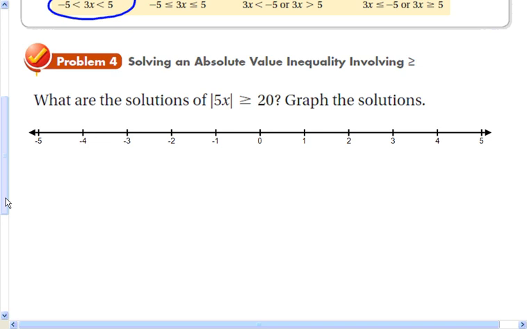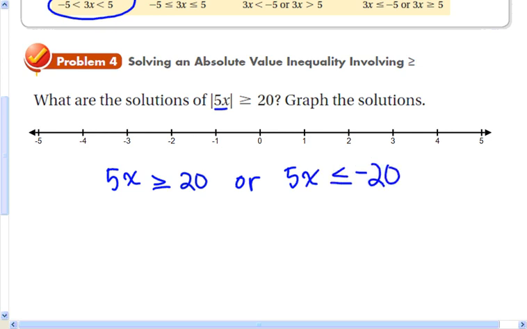What are the solutions of the absolute value of 5x is greater than or equal to 20? So this distance, 5 times x, has to be greater than or equal to 20 units from 0. All right, so that would give us values like this. Either 5x is greater than or equal to 20 units from 0, so that'll be a bunch of positive numbers, or 5x is less than or equal to negative 20.